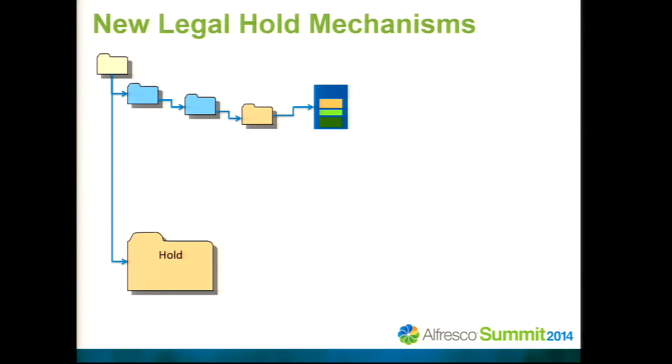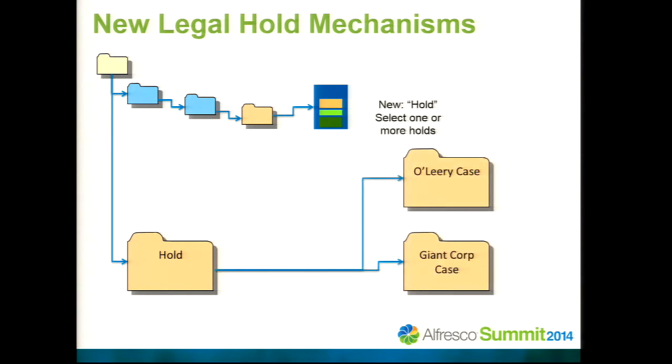So what we've done now is put some structure into the hold folder as well. Now you can put additional folders into there, and then you can file a record into one or more of those holds, because you might have one single record that applies to more than one legal case.